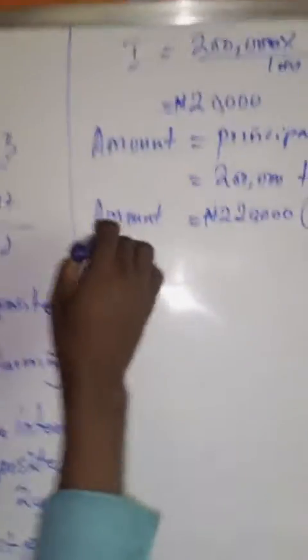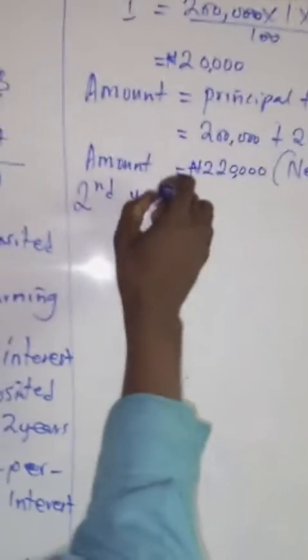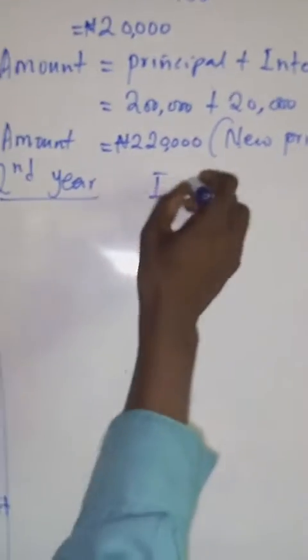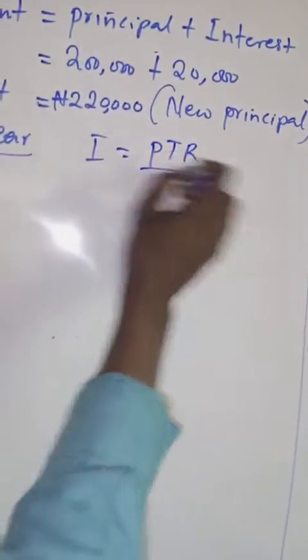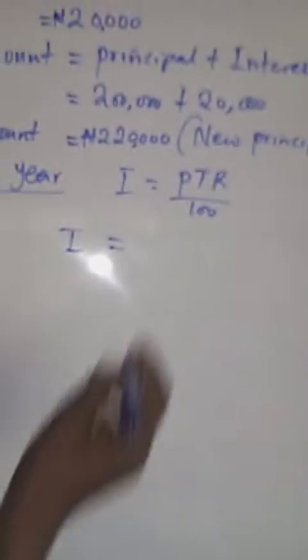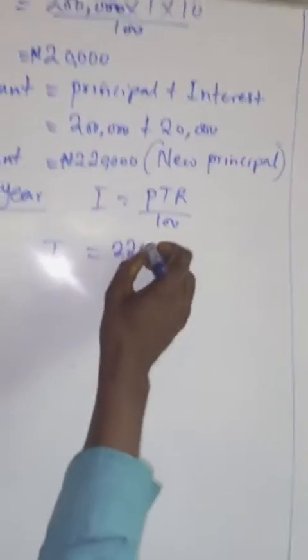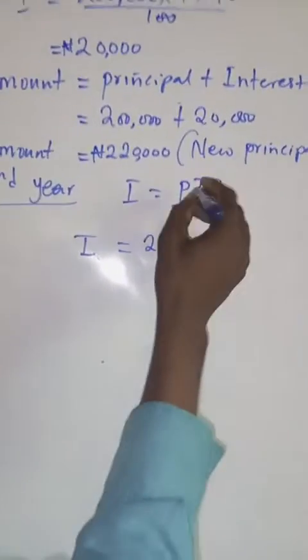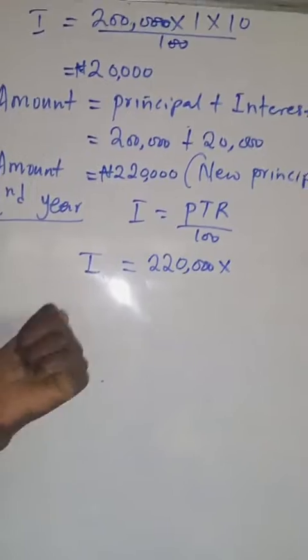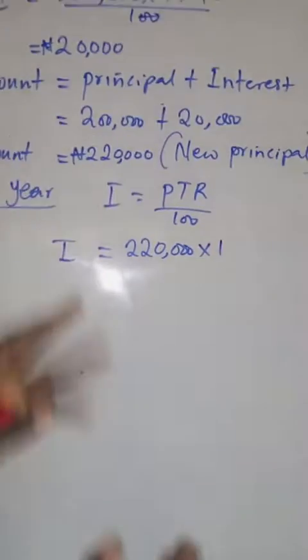Now let me go to the second year. Second year, we still use interest is equal to PTR all over 100. My interest will be the new principal, 220,000. The time will still be 1 year because I'm calculating it per year. Mind you, they gave me 2 years.